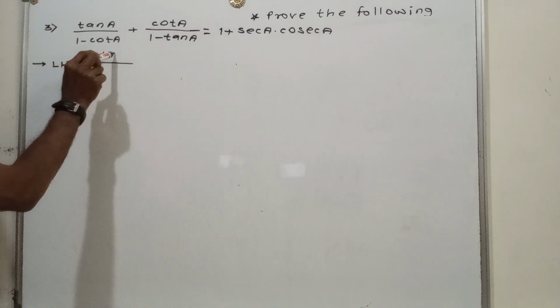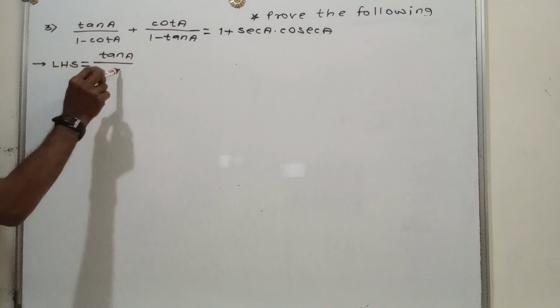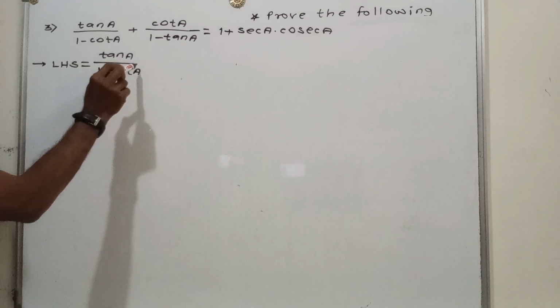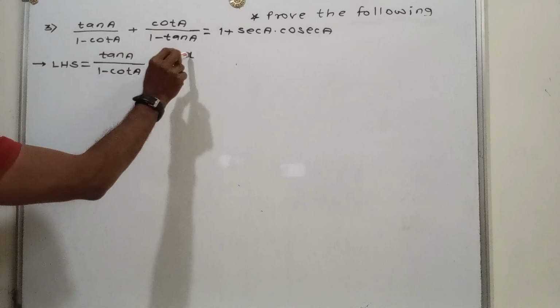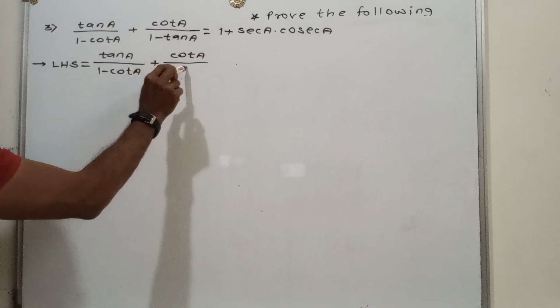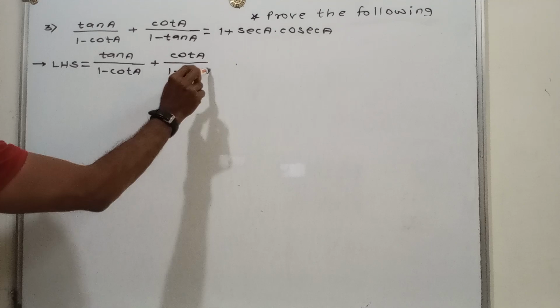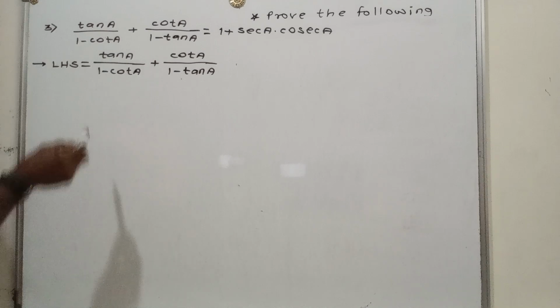See this, tan A upon 1 minus cot A plus cot A upon 1 minus tan A. Now we convert tan A and cot A into sin and cos.